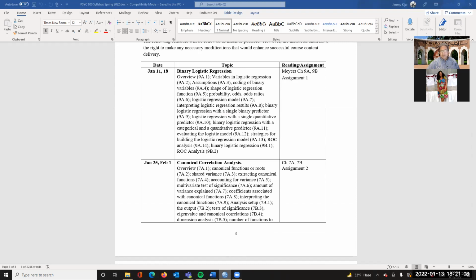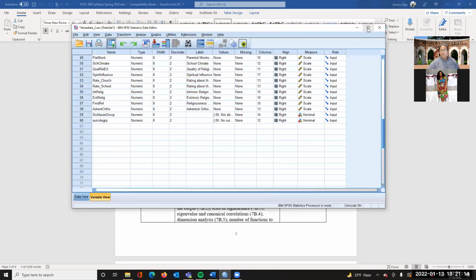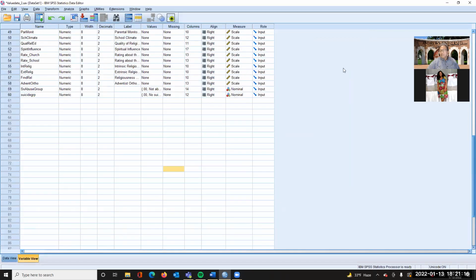And make sure you have binary logistic regressions. It's loading, so give me a minute.